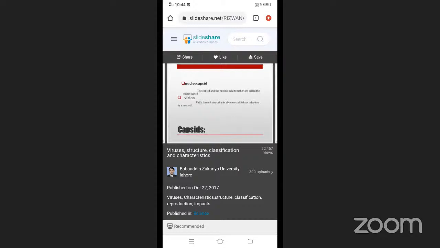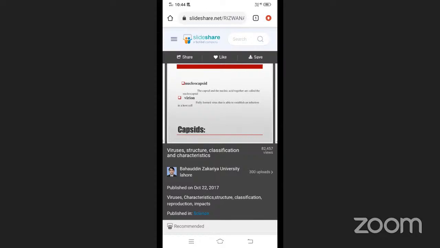That is the nucleocapsid virus, which means nucleic acid is present and covered by the capsid. And the virion virus means only the nucleic acid is present. There is no capsid, there is no envelope.